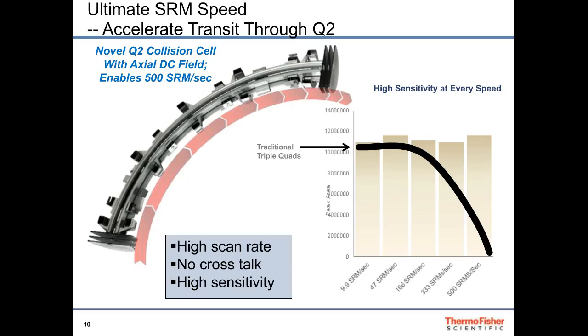However, if your scan limit is 200 SRMs per second, which is the case in most triple quads, you are limited by how many transitions you can measure simultaneously. If you don't use an LC column and do flow injection analysis, as we do for acylcarnitines, then this performance becomes very necessary, in fact critical.